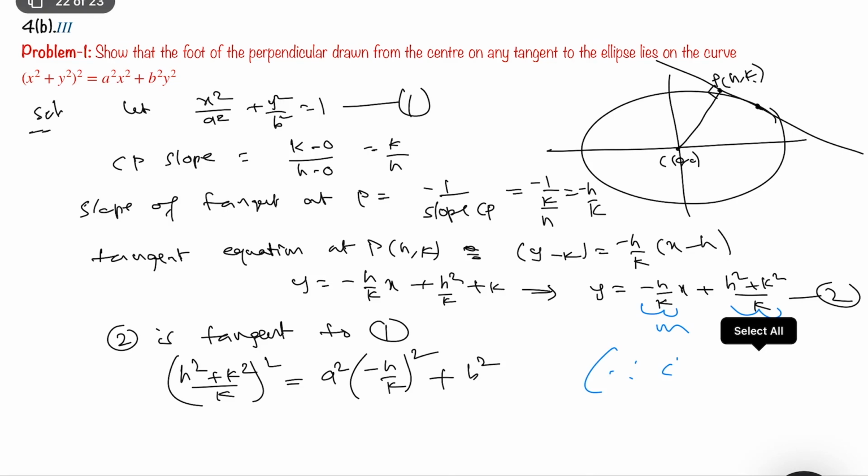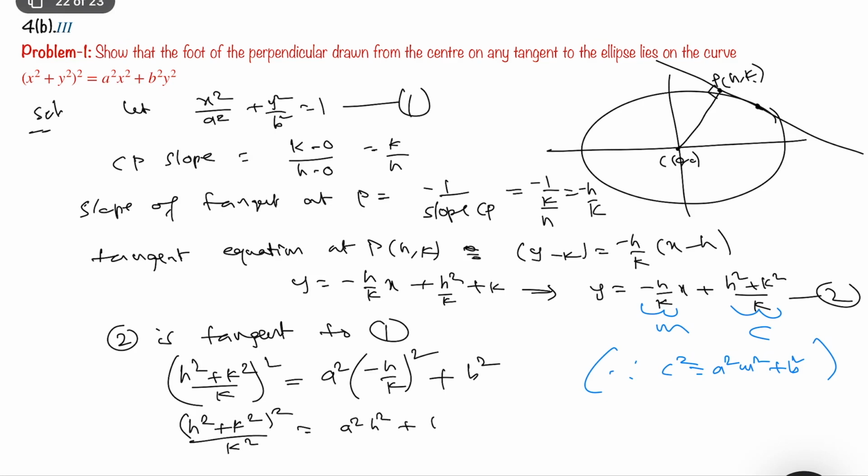Now it is giving (h square plus k square) whole square by k square equals (a square h square plus b square k square) by k square.